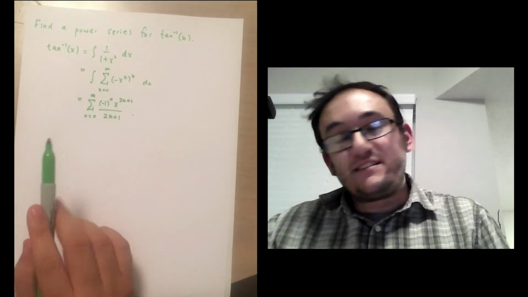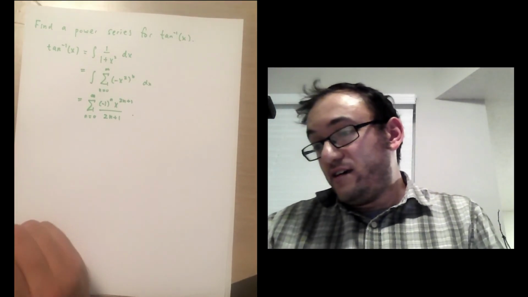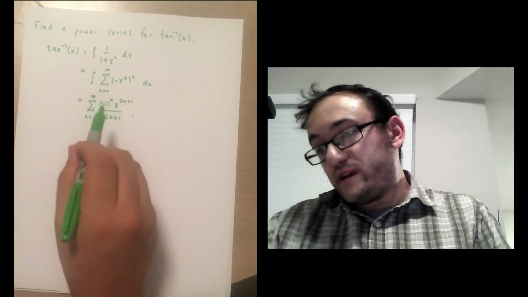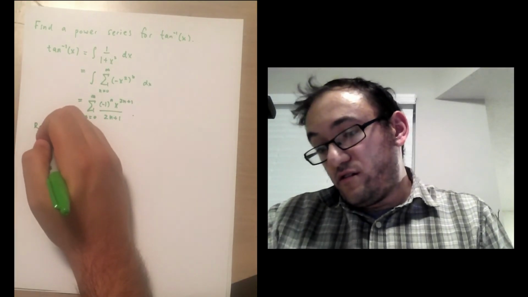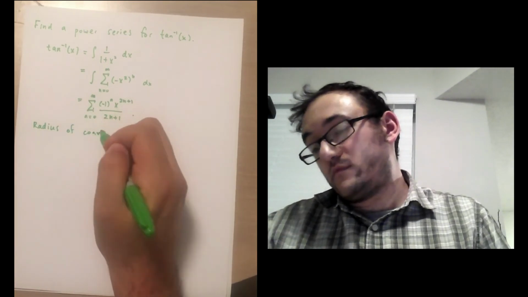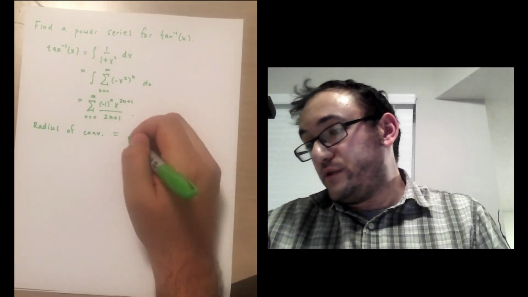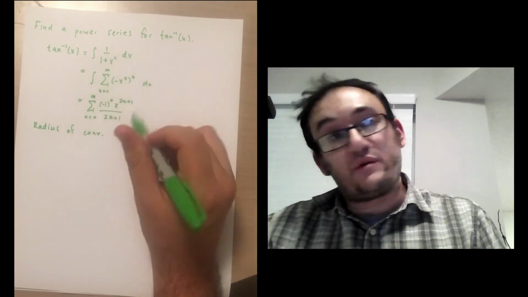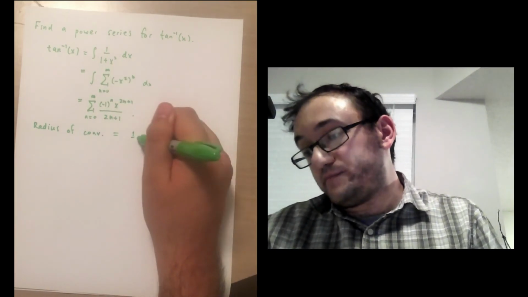So the next step to approximate pi is first you have to notice what's the radius of convergence here. The radius of convergence is equal to the same as the radius for 1 over 1 plus x squared, which is 1.